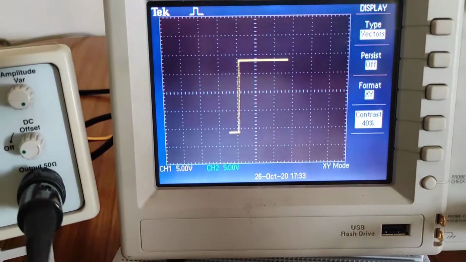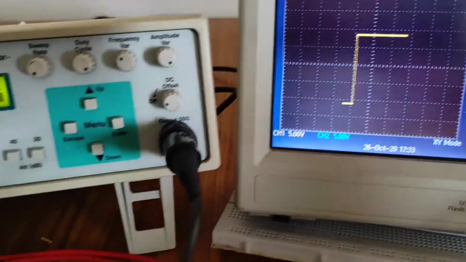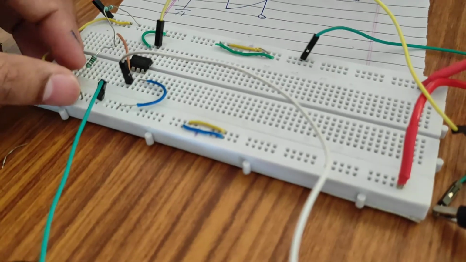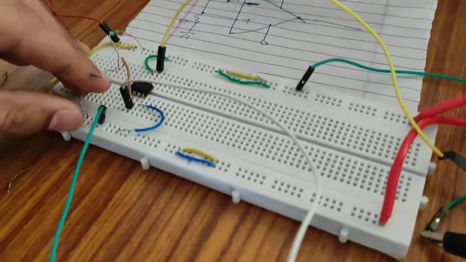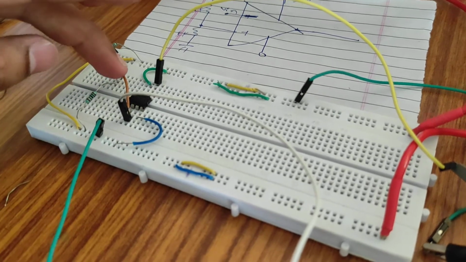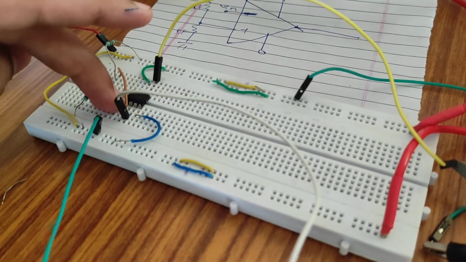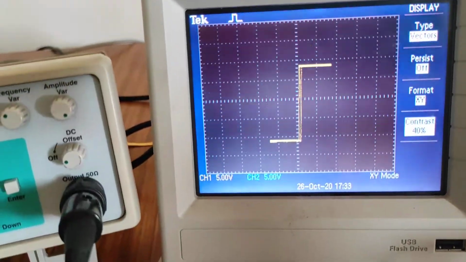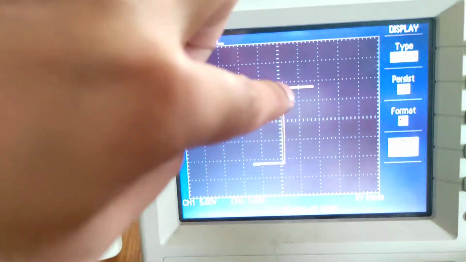Now, what I am going to do is change the reference. For that, I am just going to connect the ground here. On both sides I have connected ground, for R1 and R2, and I have grounded the input, which means our reference will shift to 0.